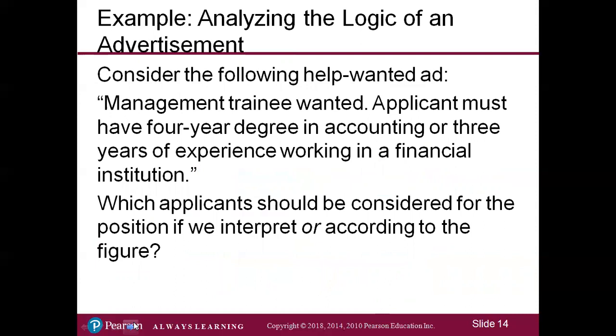Consider the following help wanted ad. Management trainee wanted. Applicant must have a 4-year degree in accounting or 3 years of experience working in a financial institution. Which applicants should be considered for the position if we interpret or according to the figure?